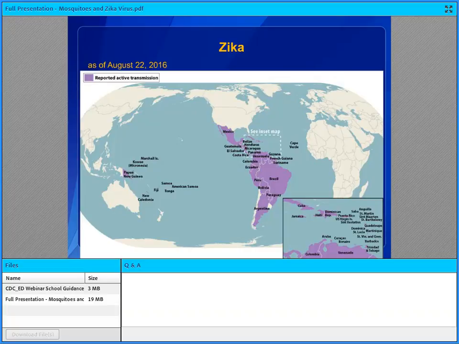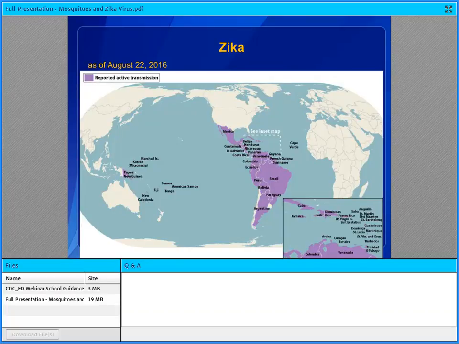It originated in South America about a year ago, and it has quickly spread through the bite of Aedes mosquitoes throughout most of South America, all of Central America and Mexico, as well as the Caribbean. You can see on slide 21 that the United States is not colored in purple.